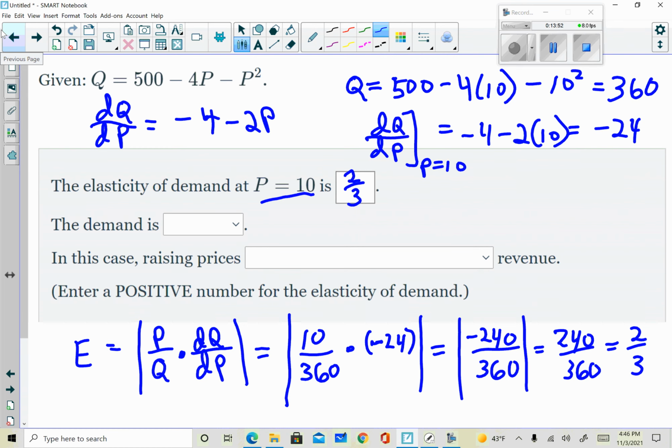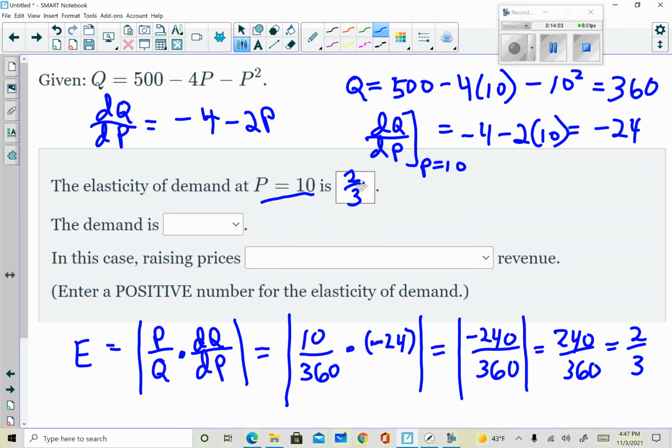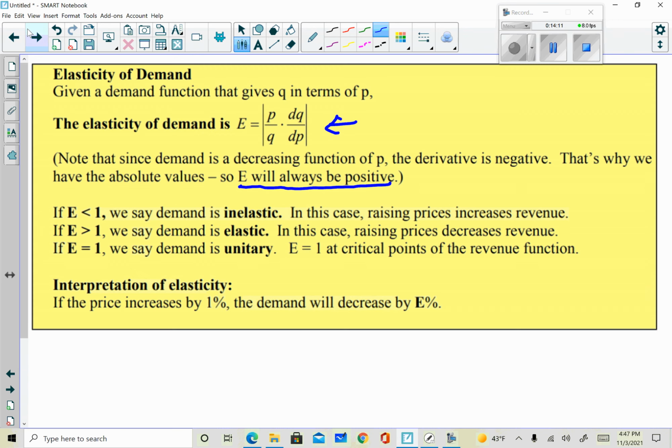Then also in your notes, you have this: if elasticity is less than 1, demand is inelastic. 2/3 is less than 1. If the elasticity came out greater than 1, we would have said elastic.